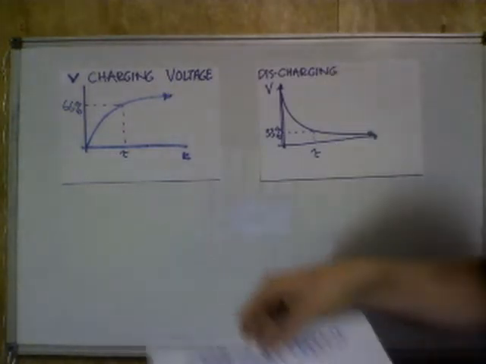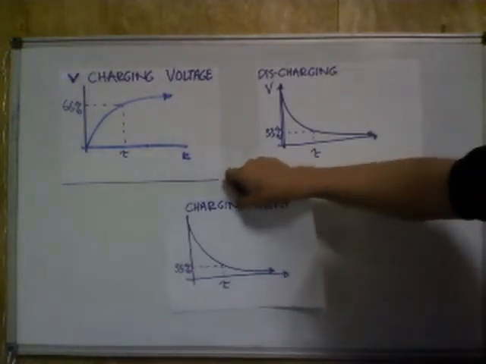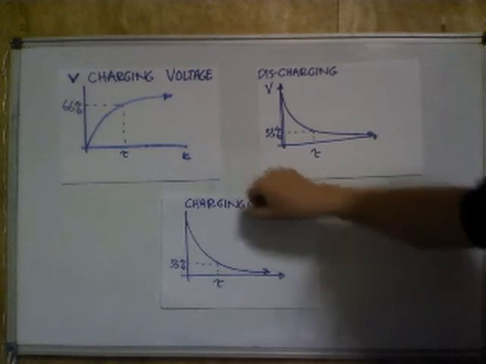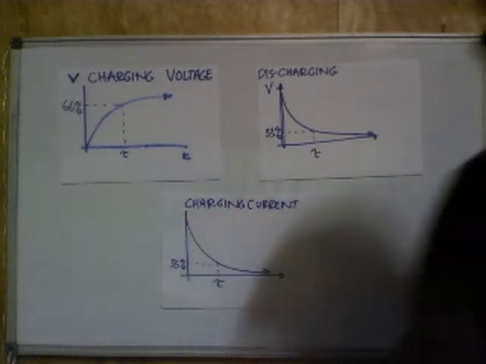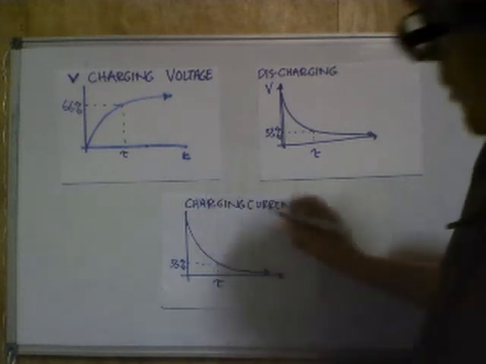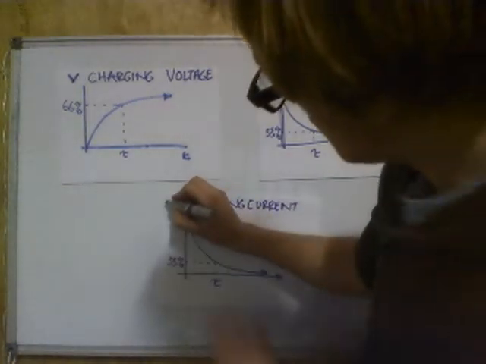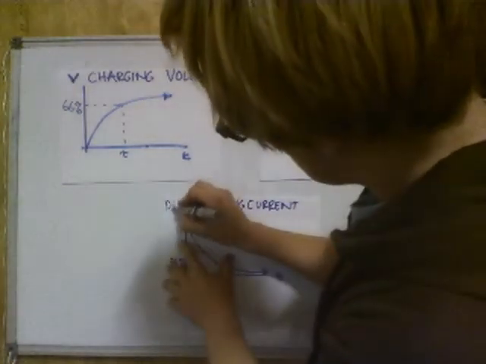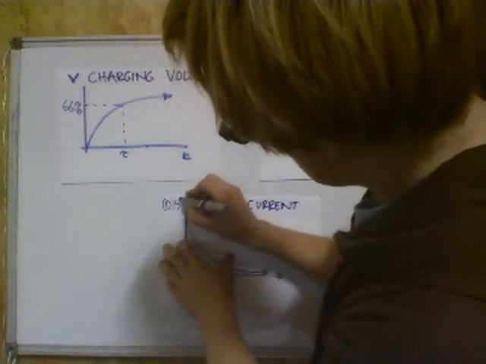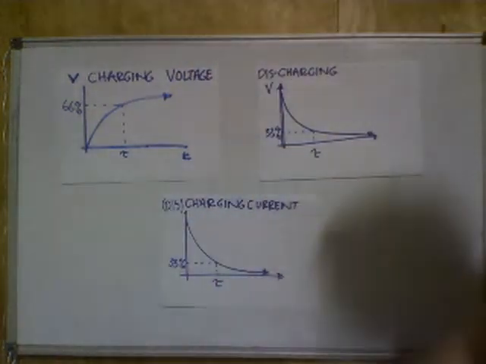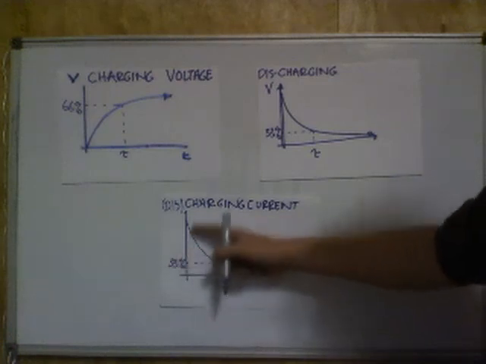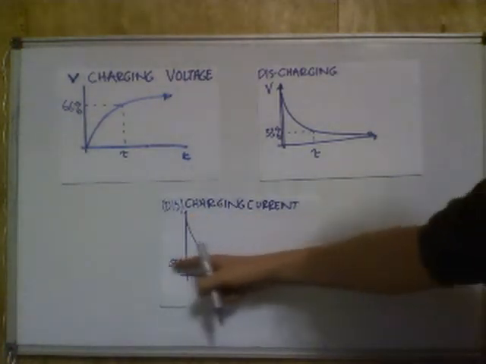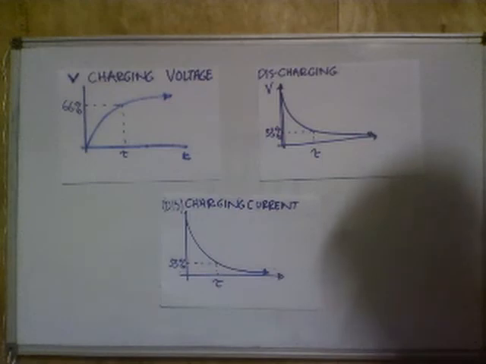And we can also do similar graphs for the current. In each case, the time constant for both charging and discharging tells you how long the current takes to drop to 33% of its final value.